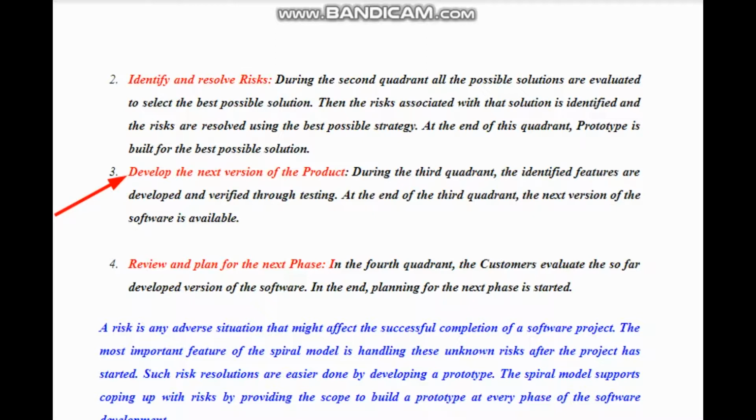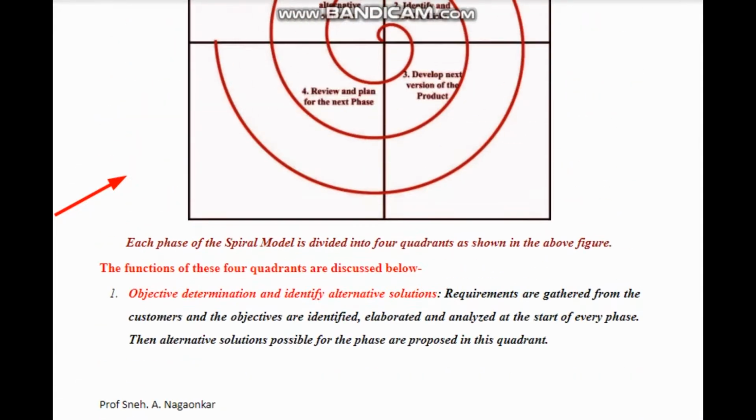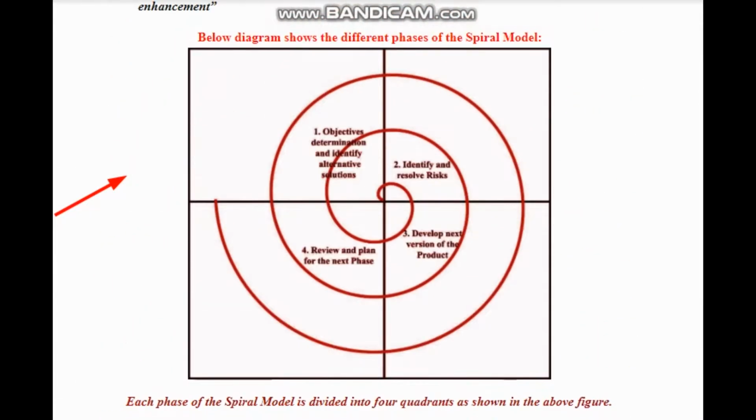So in the first quadrant we take all the information from the customer, and then in the second phase we try to make that information set more relevant and more feasible, and here in the second quadrant we develop a prototype by taking this information set.